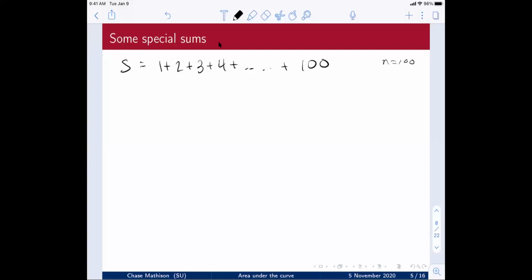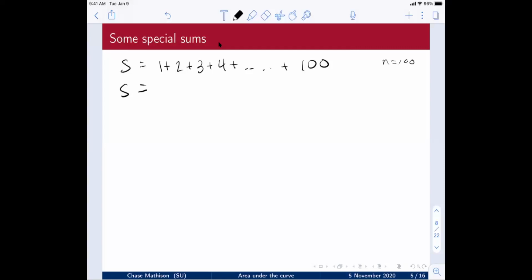Gauss said, well, doing 1 plus 2 plus 3 plus 4 plus 5 plus 6 and on and on, that's annoying. I don't want to do that. So if S is equal to 1 plus 2 plus 3 plus 4 plus 5, and so on, I can add it in any order I want.